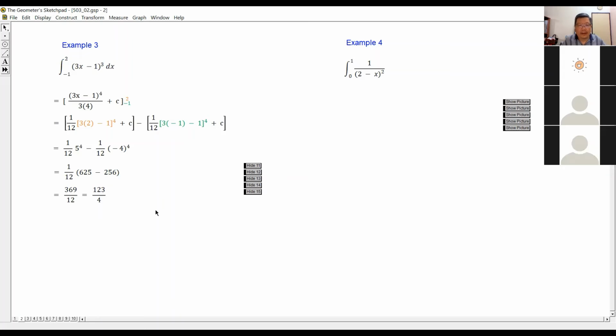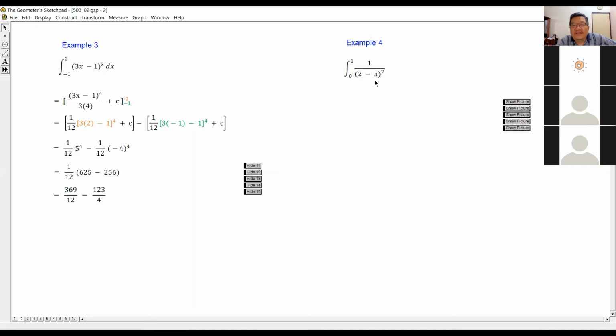No, teacher, very clear. Okay, one more example. This example is also definite integral. The difference between example 4 and example 3 is this thing is at the bottom, whereas here it is at the top.